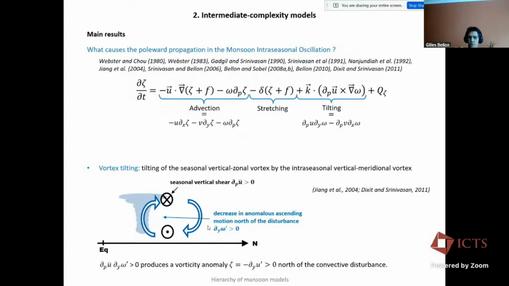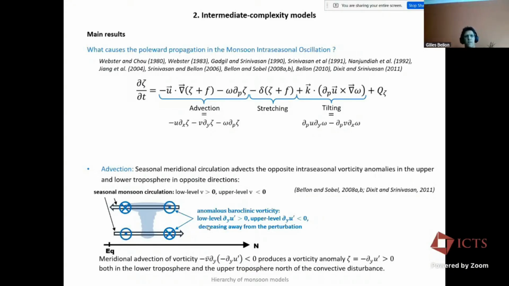So you have a vertical zonal circulation that's tilted by a vertical meridional circulation, and that gives you a horizontal rotational circulation. So that's the mechanism that was proposed by Zhang et al. on the basis of a Wang and Li 2.5 layer model.